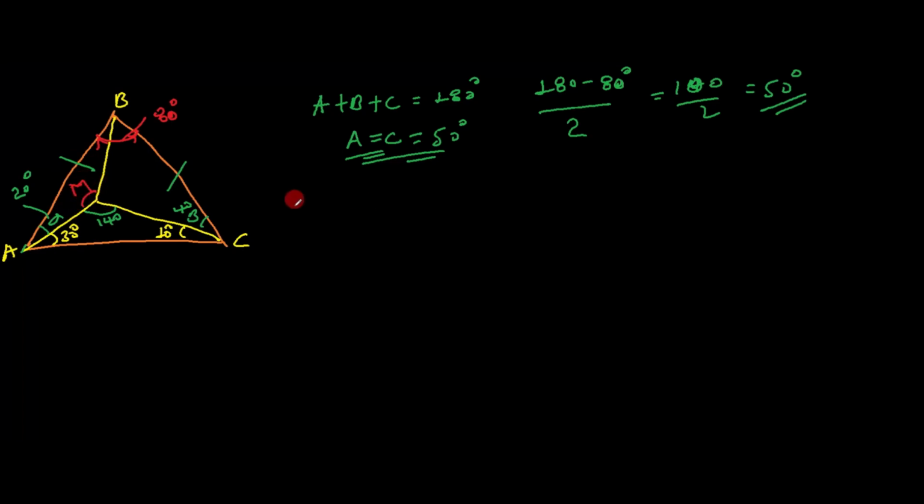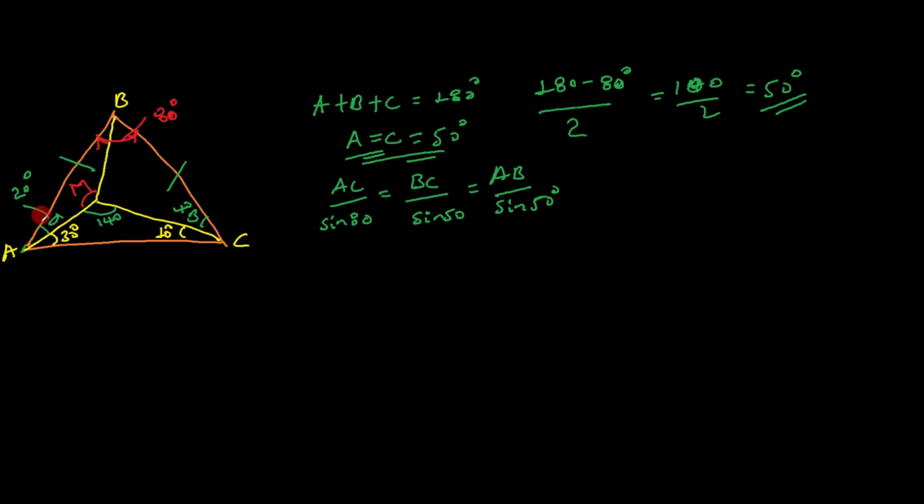So what you are going to do, you have to go for the sine law. In the law of sine, you have to go for the first, the big, larger triangle: AC over sine 80 is equal to BC over sine 50 is equal to AB over sine 50°.